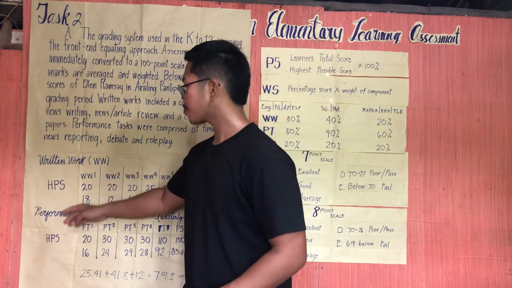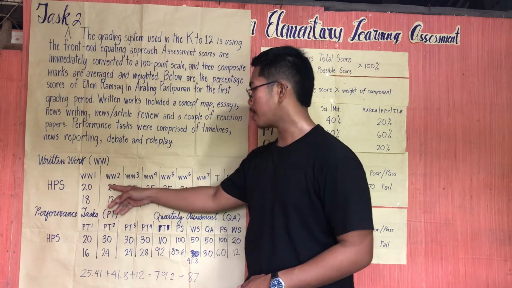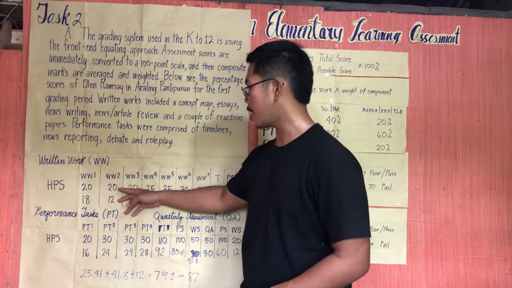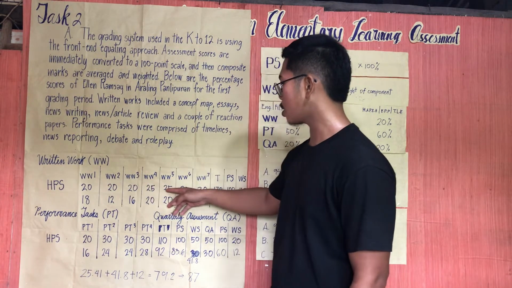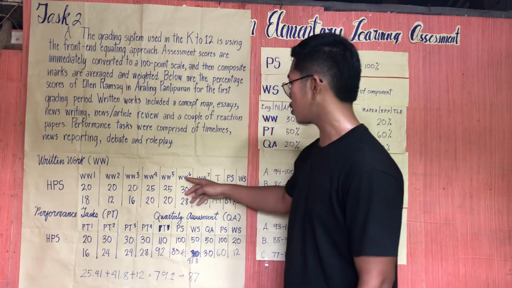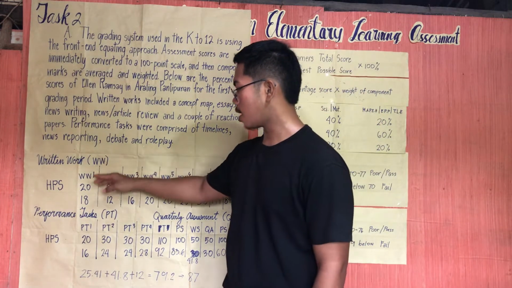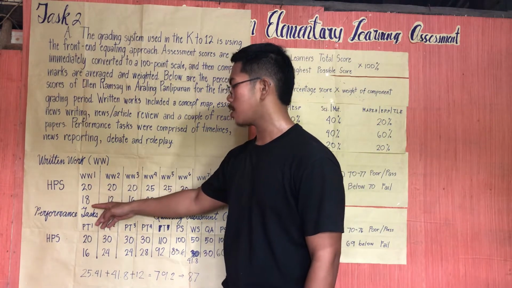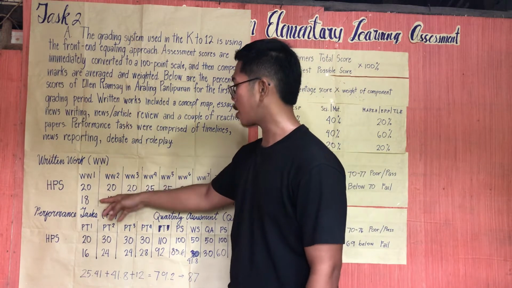And now, the written work. We have here on the upper side the highest possible scores of written work 1 until written work 7, while the lower part is the score of Ellen Ramsey.